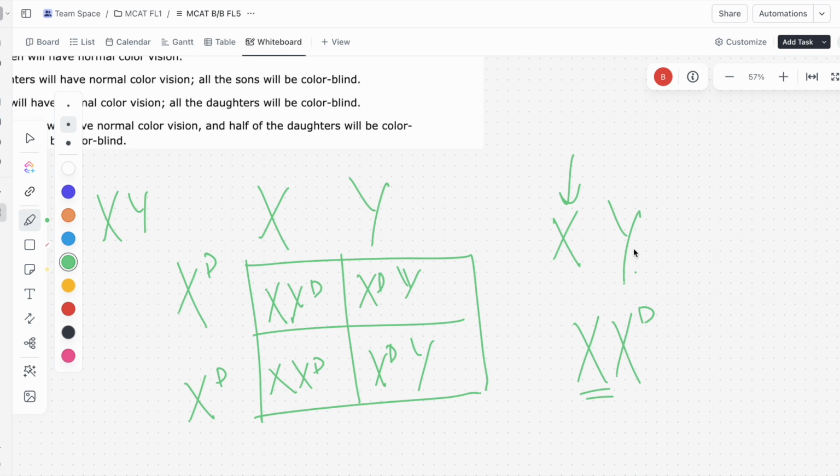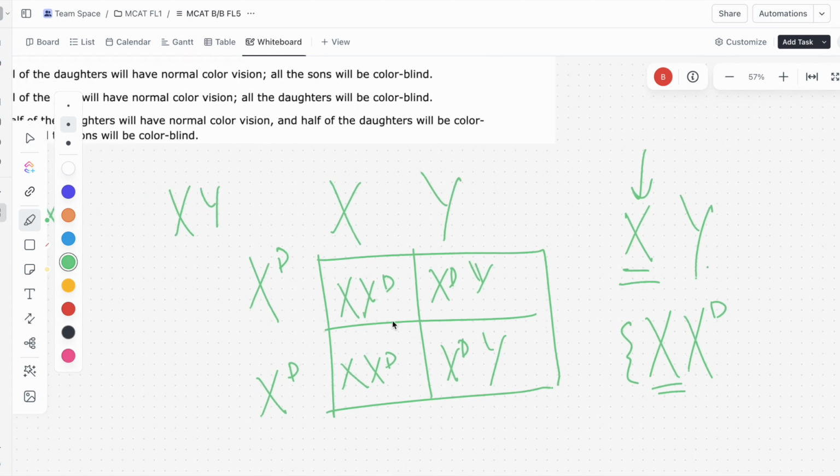So just to reiterate, sons only have one X chromosome, meaning if they carry a gene on the X chromosome, they have to express it regardless of whether it's dominant or recessive. Whereas daughters, because they have two X chromosomes, if they carry a recessive gene on one X chromosome, will not express that trait because it will be dominated by whatever's on the other chromosome. And in this case, that trait is no colorblindness.